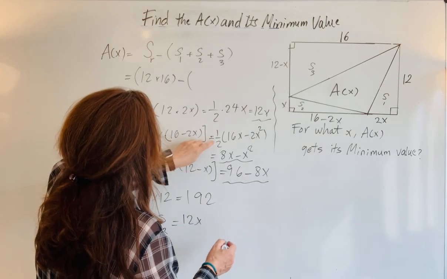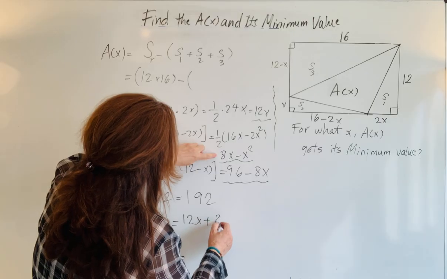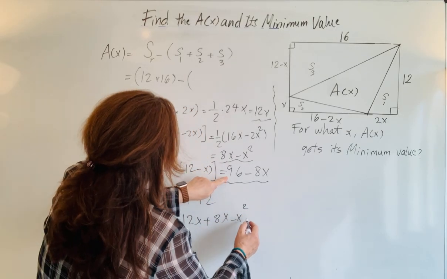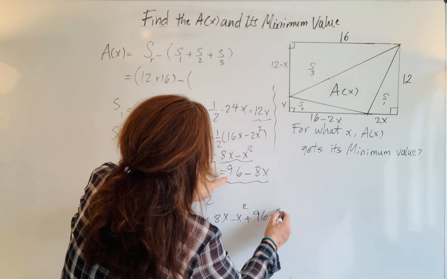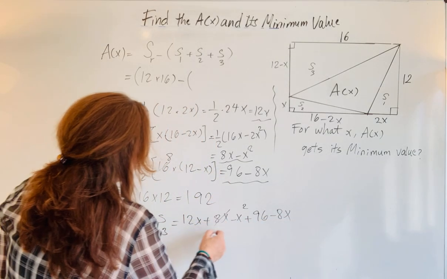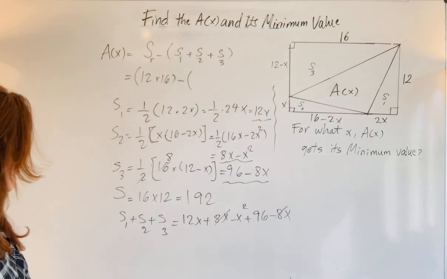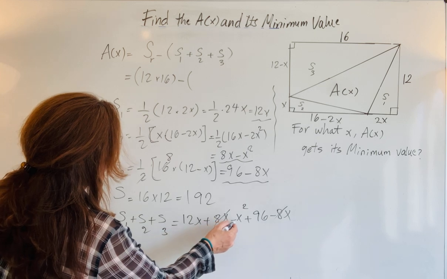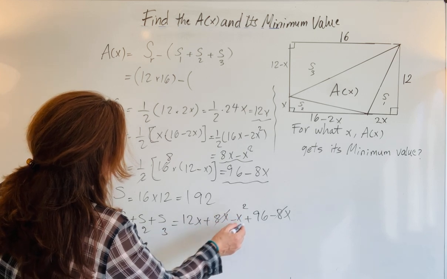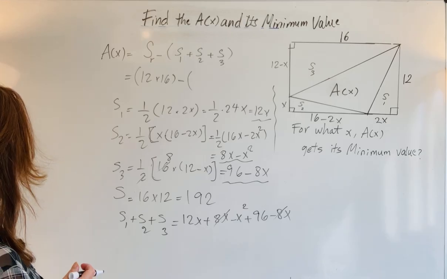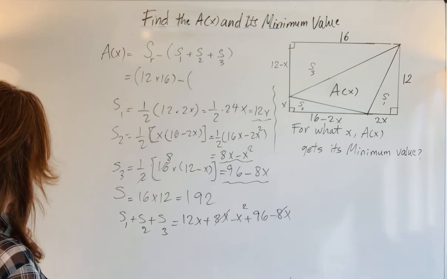12x plus 8x minus x squared plus 96 minus 8x, right? Just simplify here: 8x and negative 8x cancel, and we have 12x.